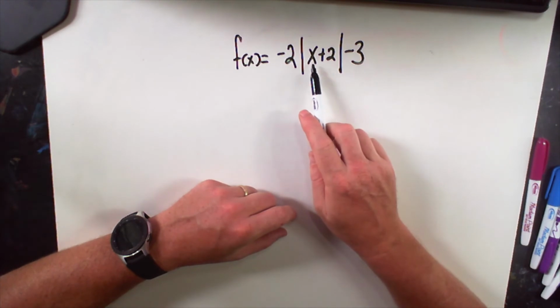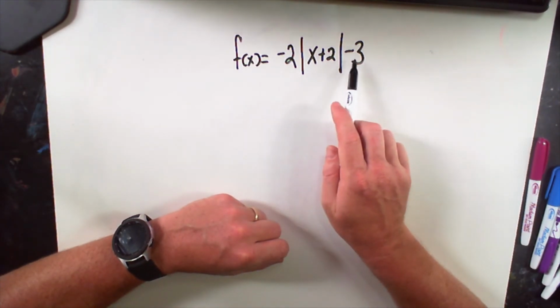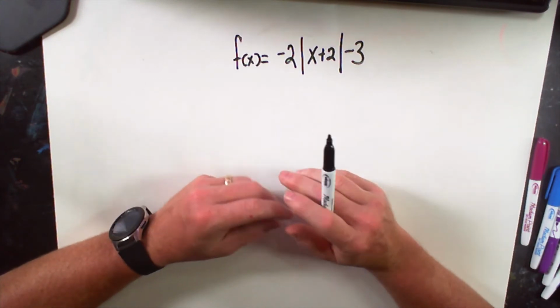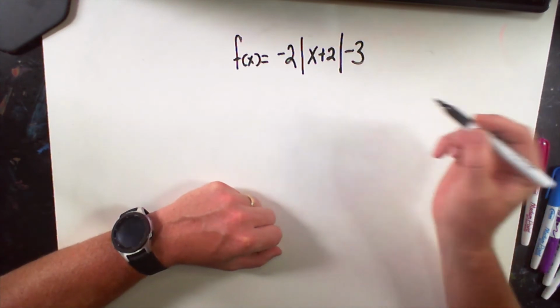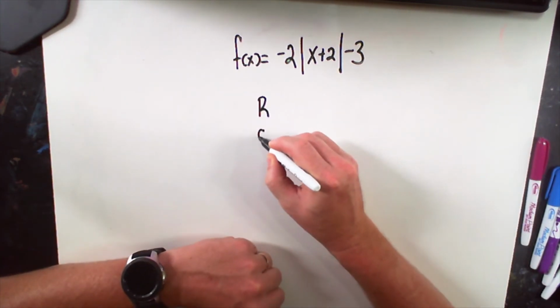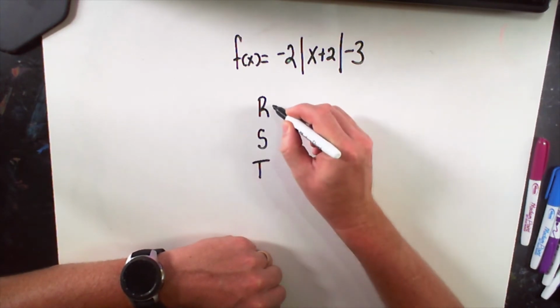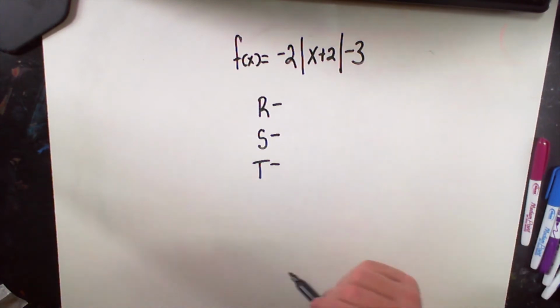We can see that it has been shifted, flipped, and stretched. So the question is, what exactly is going on with this function? We're going to go RST as we look at this, and we're going to end up graphing it.